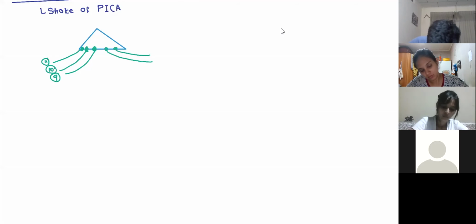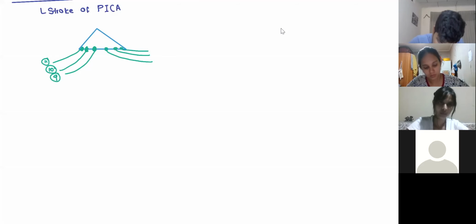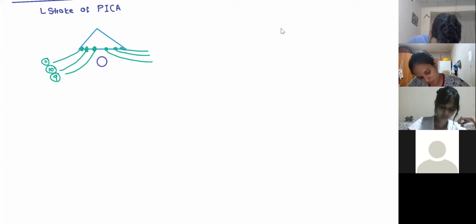Same thing on the opposite side. And right in front, we have a very important nucleus called the nucleus ambiguus.